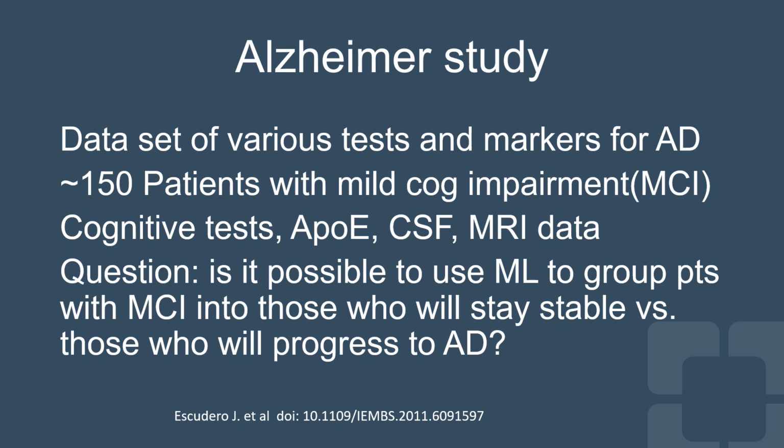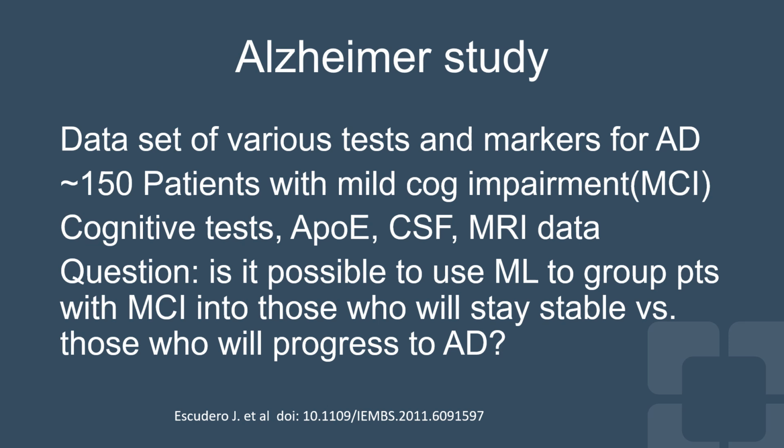This is a different type of study looking at Alzheimer's disease. It had a data set of 150 patients with mild cognitive impairment, or MCI. The data set had results of cognitive tests, ApoE testing, CSF analysis, and MRI data.